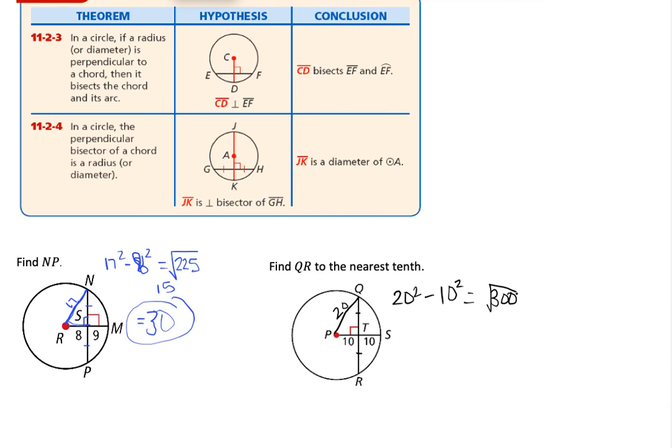And then I'll take the square root of that, which is like 17.3 or something, I think. And then I just need to multiply it by 2 because that 17.3 is just half of the full QR that we need to find. So our total answer would be 34.6.